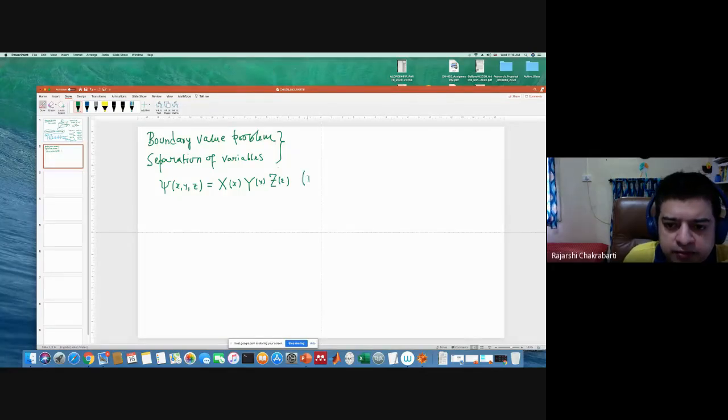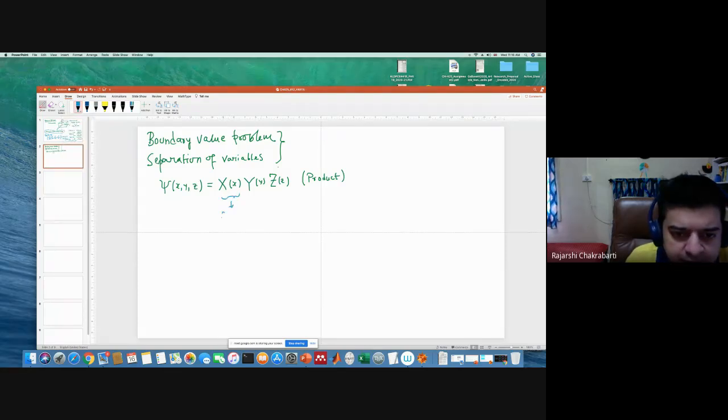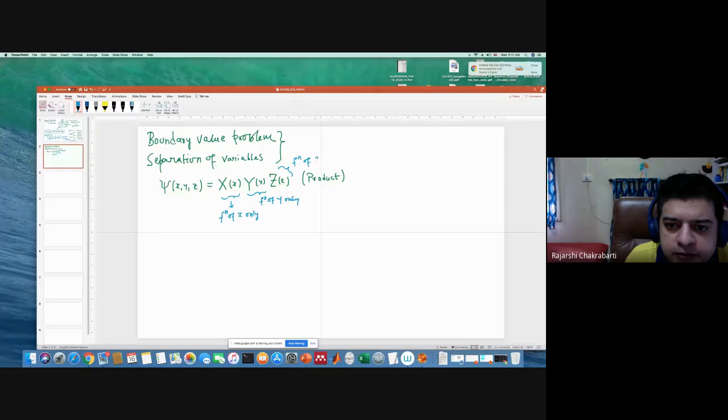So it's a product. This capital X is a function of x only, similarly this is a function of y only, and this is a function of z only.